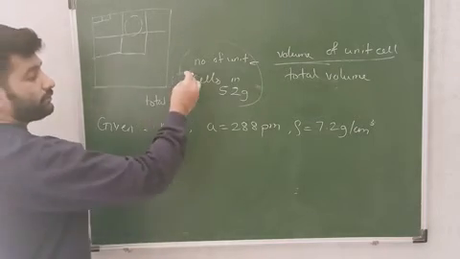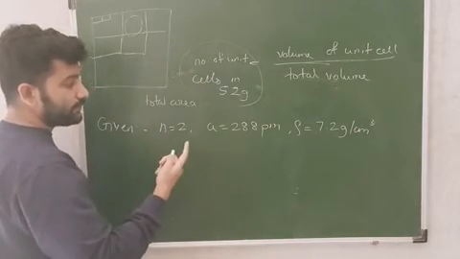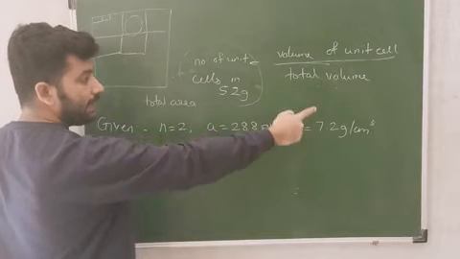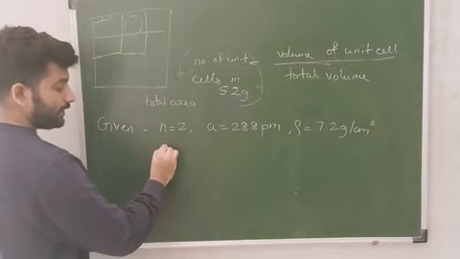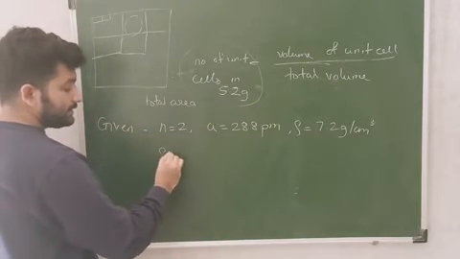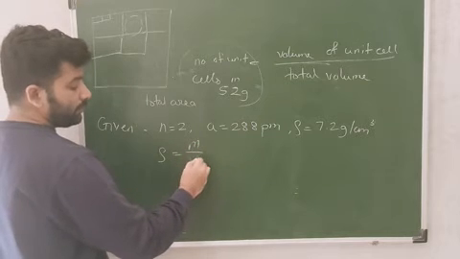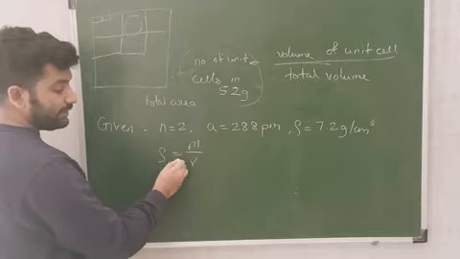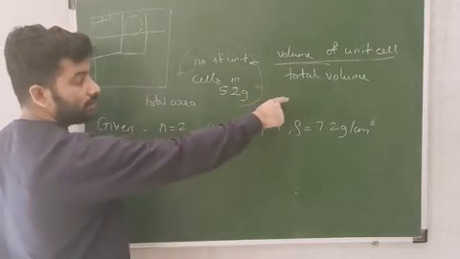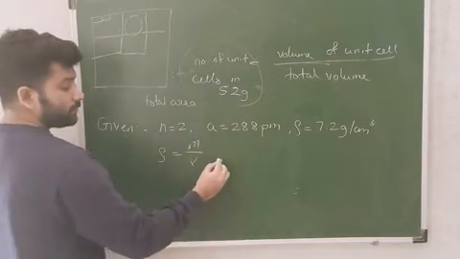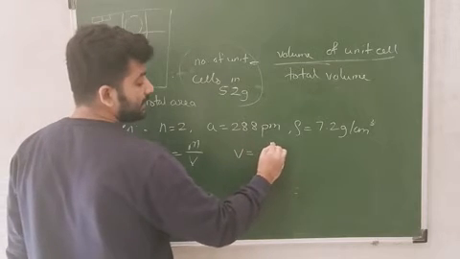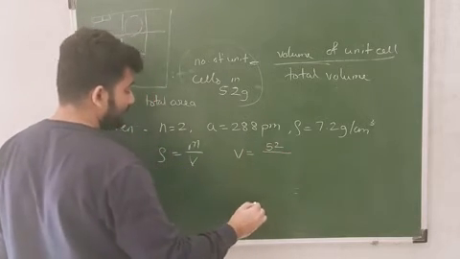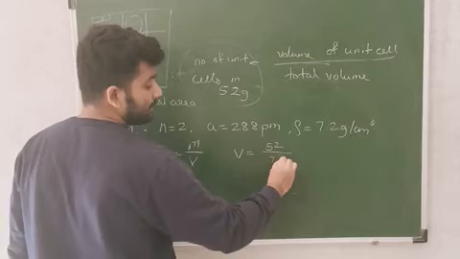Now we have to first find out the number of unit cells. So first we need to find out the volume of unit cell and total volume. To find the total volume, density is equal to mass upon volume. We are provided with the mass, that is 52 gram, and density is provided, so we can find the total volume of 52 grams. So volume will be mass, that is 52, divided by density, that is 7.2.